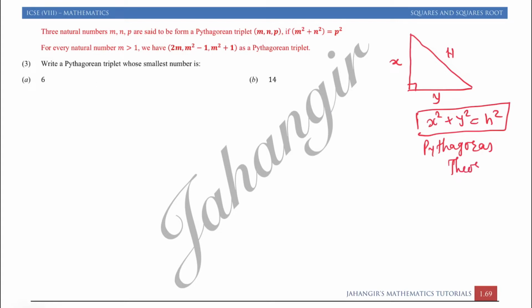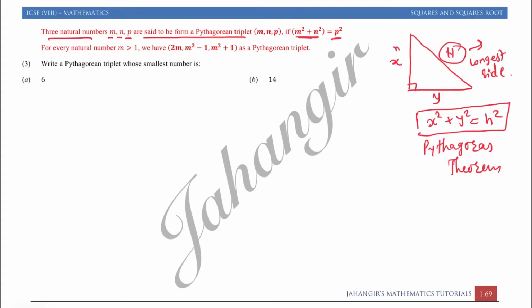In the Pythagoras theorem we have three sides, and the hypotenuse is the longest side. So if three natural numbers m, n, p are said to be a Pythagorean triplet, then m square plus n square is equal to p square.